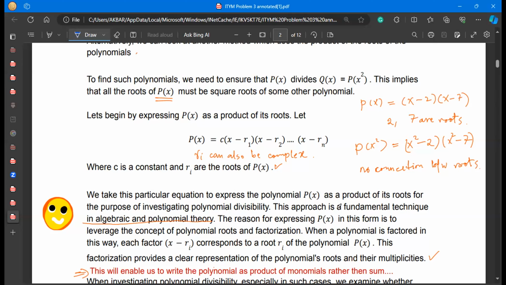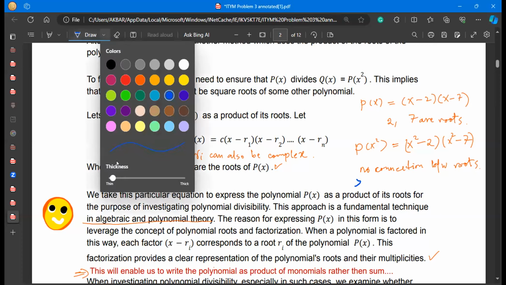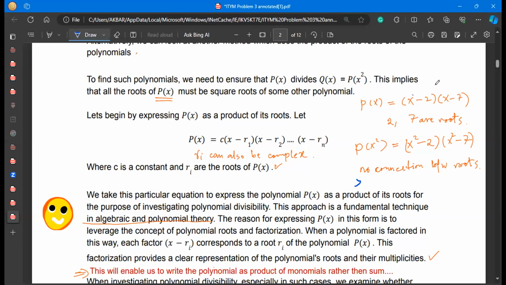Now my roots in this case, for the roots of P of x square, there will be 4 of them, because now this was degree 2, x times x. So this was a polynomial in x square.